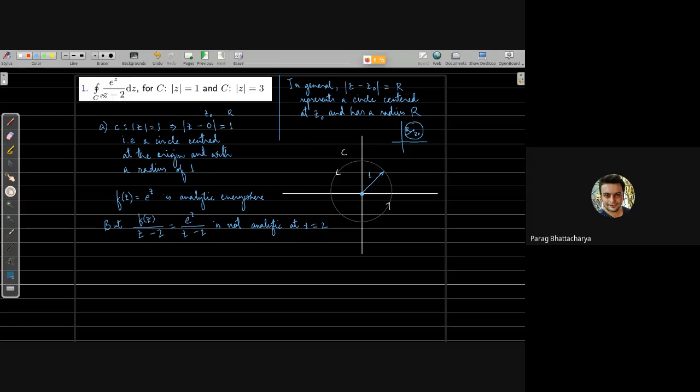So e to the power z is analytic, but e to the power z by z minus 2 is not analytic at the point z equals 2.